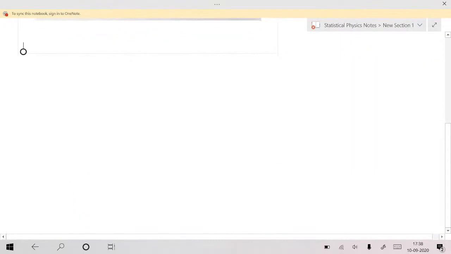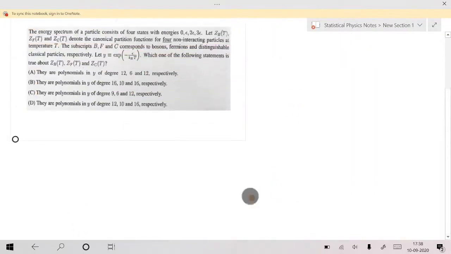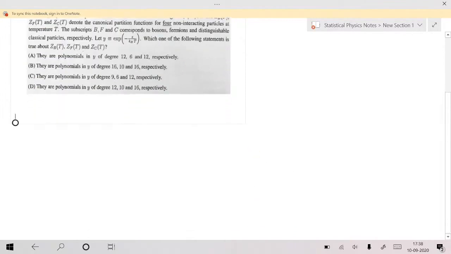I think you are talking about, again, there are two interactions. One is interaction between the particles. The other one is interaction of the particle with the surroundings, isn't it? Yes, sir. That's what we have taken. I think we have taken minus J into S_i, isn't it?